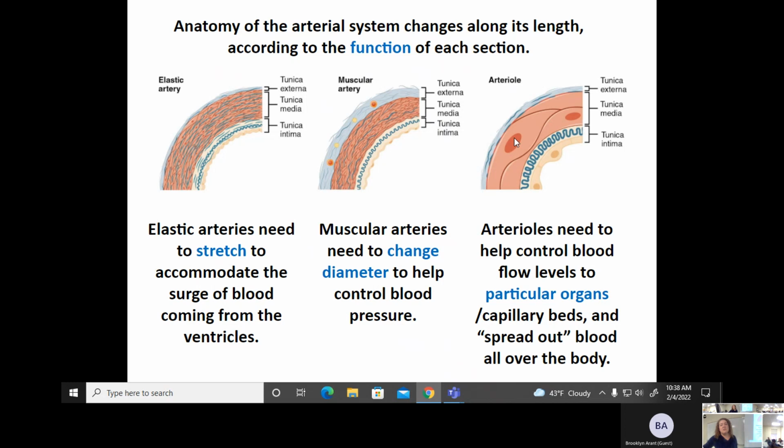See how this is a cell nucleus in the arteriole, and that's a cell nucleus in the muscular artery. So these are very much smaller. They don't have as much muscle. They've still got tunica externa, they've still got the lining, tunica intima. But the arterioles are going to control how much blood an organ gets at a particular time. And we'll come back to that concept in a few minutes.